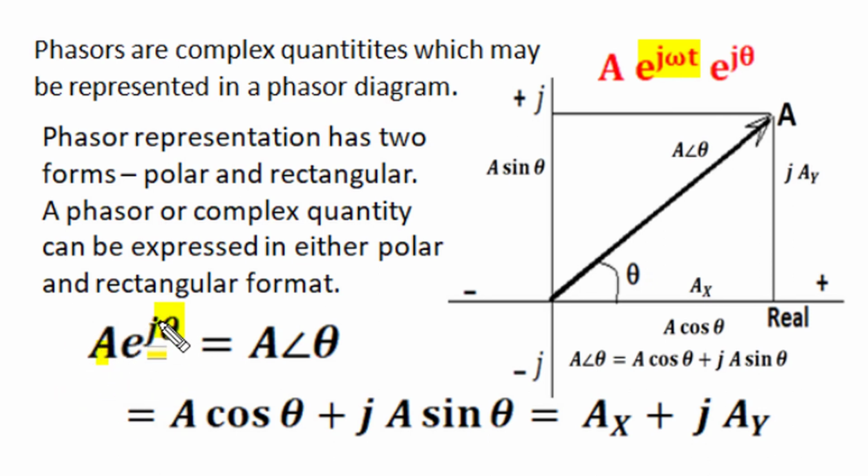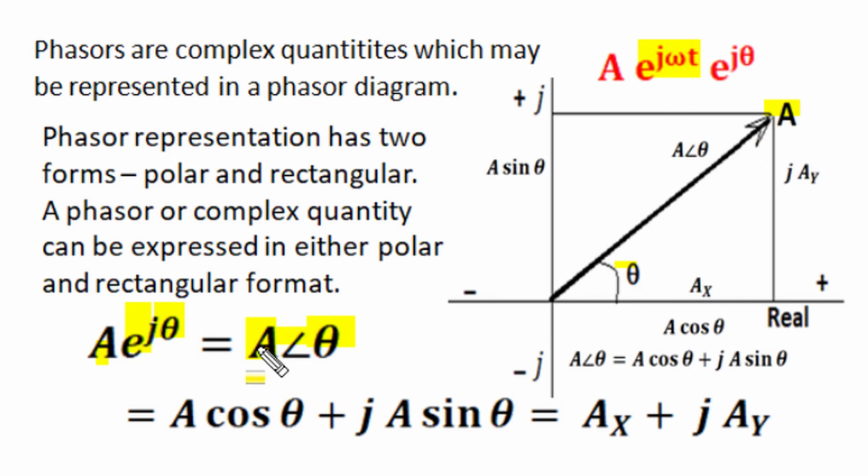And e raised to the power j theta is a typical representation. To make it easy, we can say that the phasor has a magnitude A and an angle with the horizontal reference theta, as shown by this vector line position. A is the scaled length of this phasor and theta is its angle from the horizontal reference.